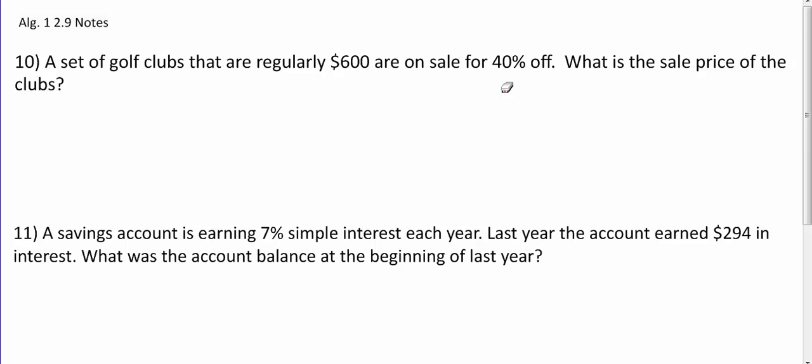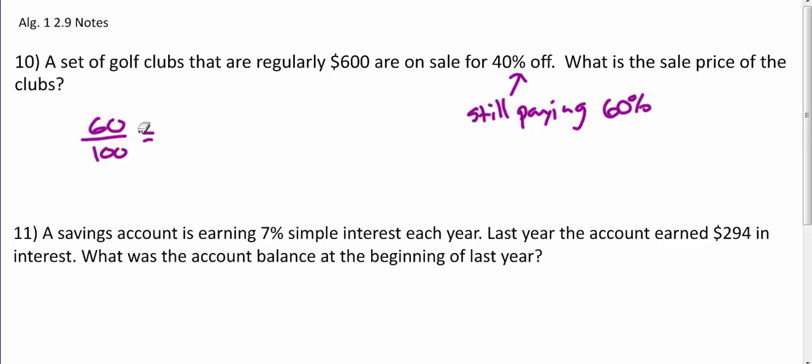One thing we should think about, there are a couple ways to approach this. The way I prefer is to think, all right, if they're 40% off, that means we're still paying 60%. So when it comes down to it, what I want to find is actually 60% of 600. So I can go 60 is to 100 as x is to 600.